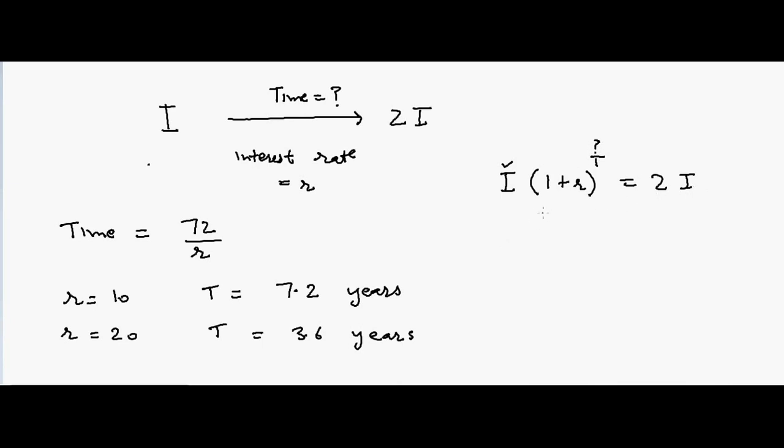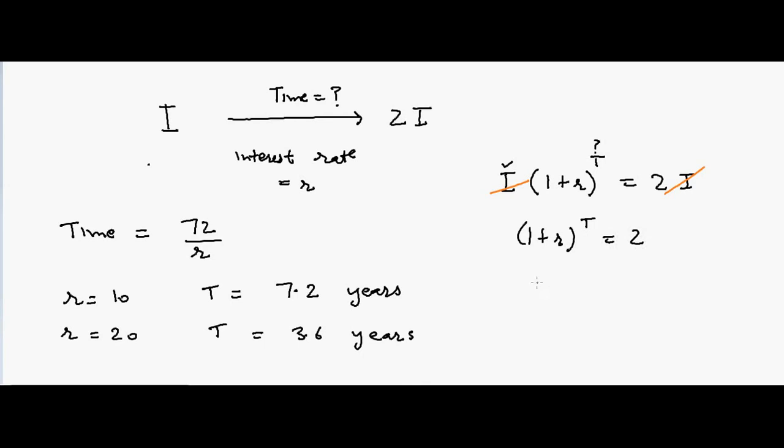Now if we solve this equation, I will be cancelled out by the other I. So we have (1 plus r) to the power t is equal to 2.